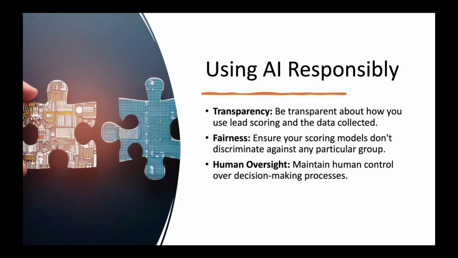You need to ensure that your score doesn't discriminate against particular members of the society, because sometimes there's bias in the way some of these tools operate. And then the final one is make sure there's a human at the top in everything that's overseeing the decision that's been made by your AI solutions.